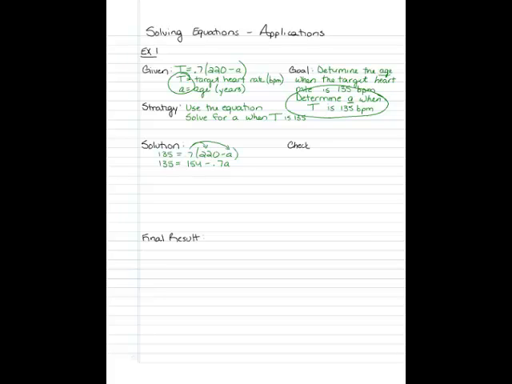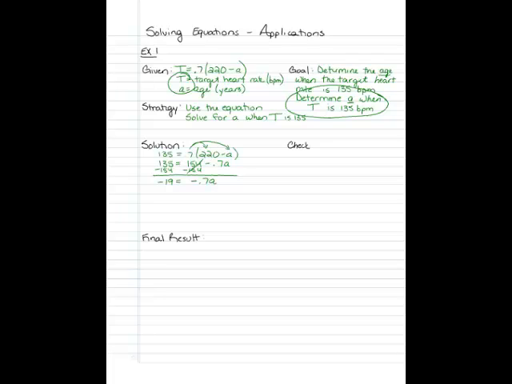Now that the parentheses are gone, you need to solve for A. So subtract 154 from both sides. This gives you negative 19 on the left. 154 minus 154, that is 0. So I'm just going to cross it out and copy down the negative 0.7A.